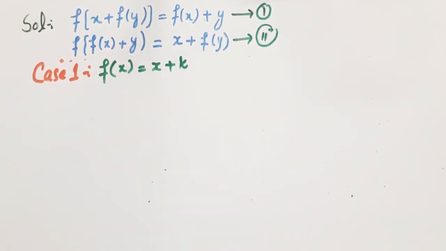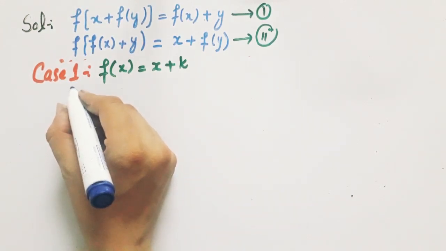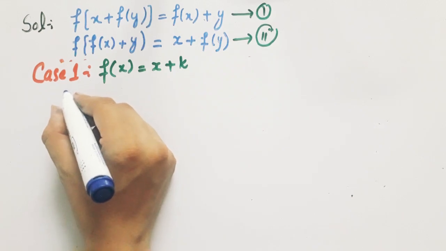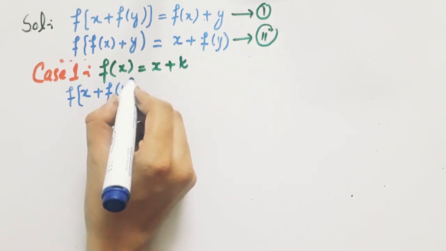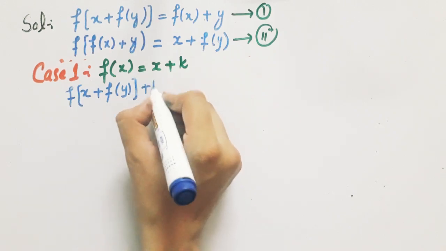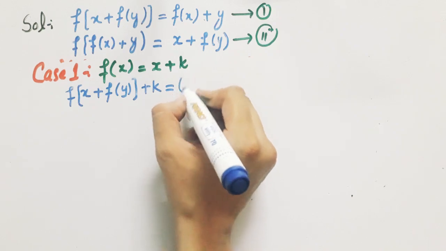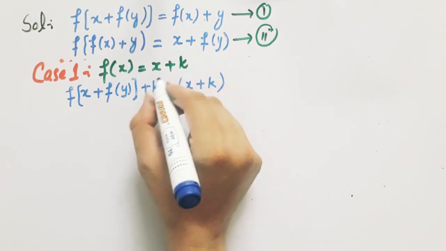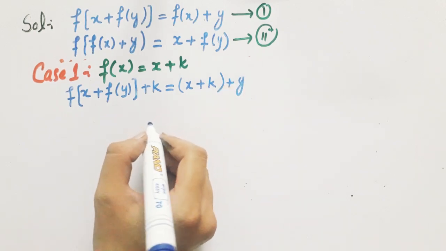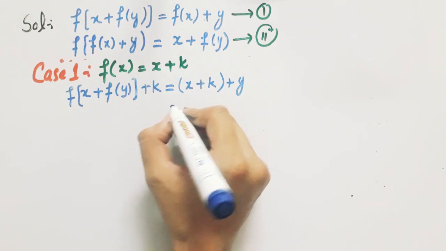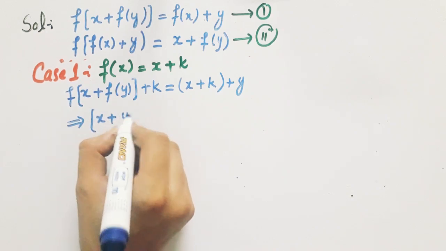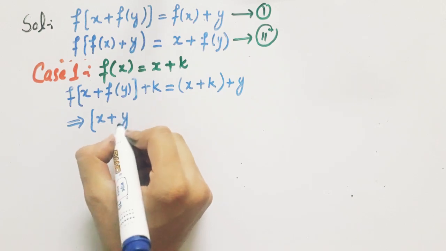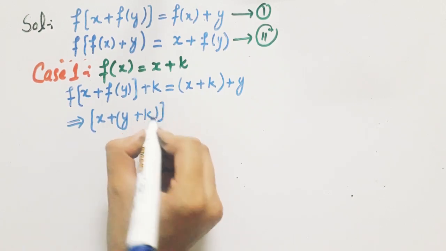Substituting this in equation 1 will give you f(x + f(y)) = x + k + y. Solving this further gives f(x) = x + y + k + k.